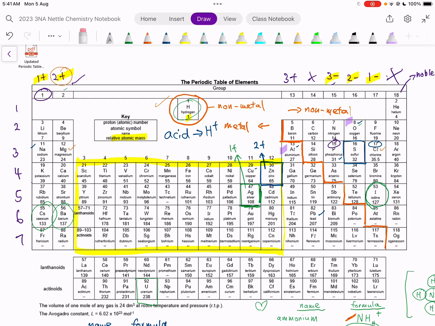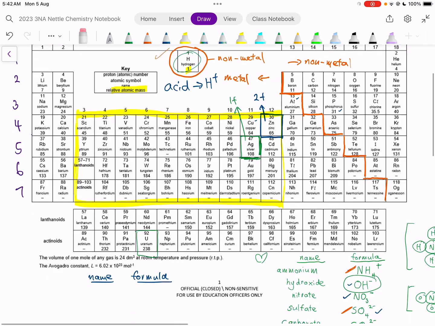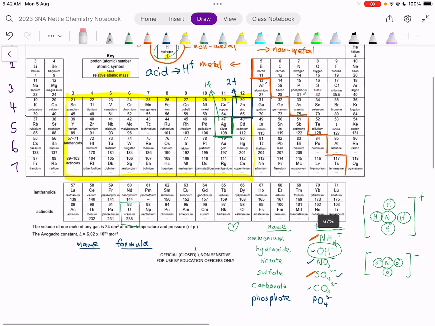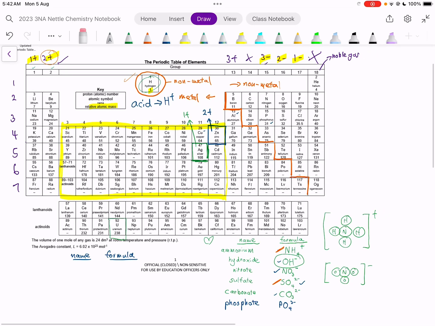Let me erase the irrelevant things. You can note down all the polyatomic ions, like what you did earlier, the 6 of them together with the charges.